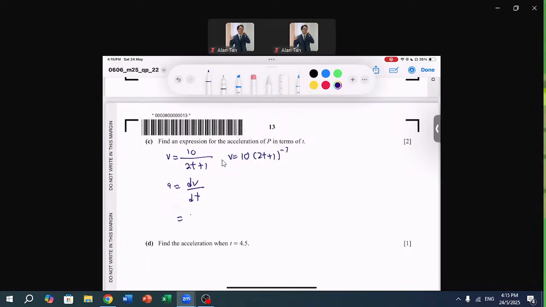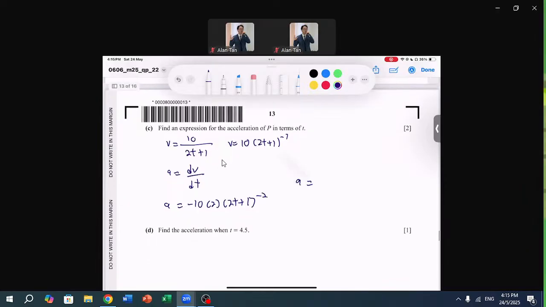Therefore, acceleration equals negative 10 times 2 times (2t plus 1) to the power of negative 2. This means that a equals negative 20 over (2t plus 1) squared.